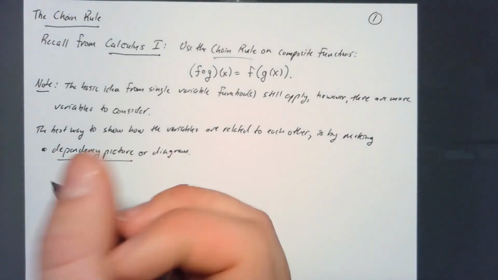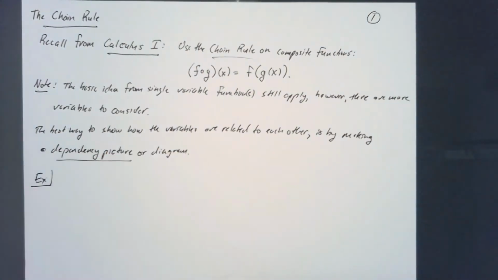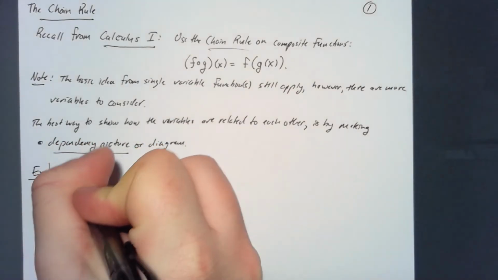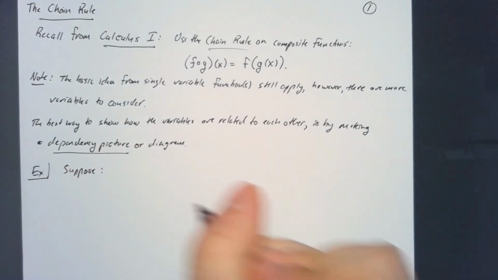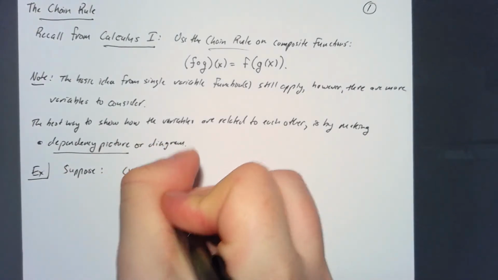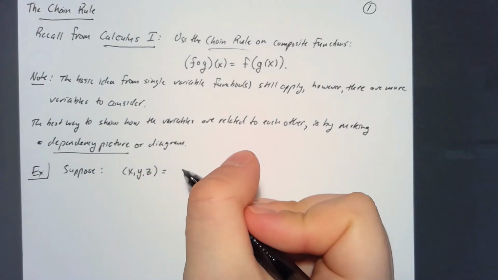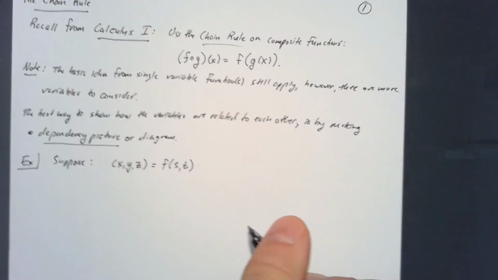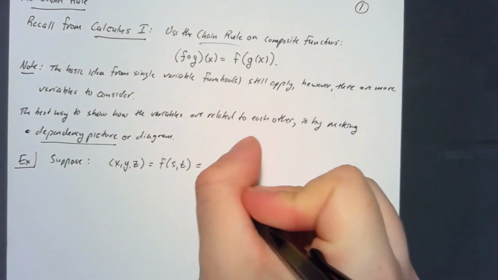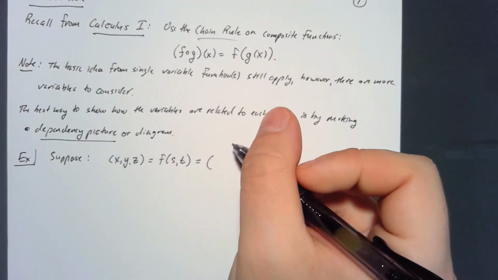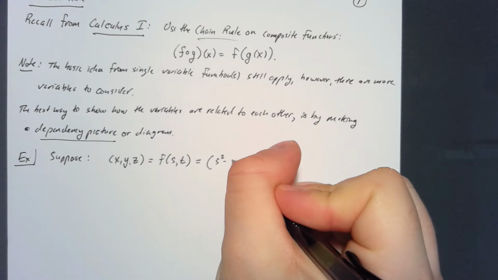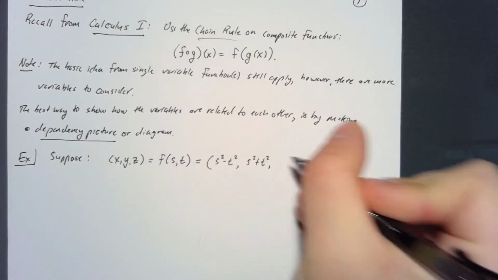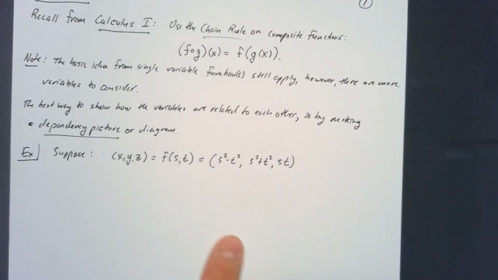So suppose, let me give you this example here. Suppose I have x, y, z, which is a function of s and t, and that's equal to the function s squared minus t squared, comma s squared plus t squared, comma s times t.